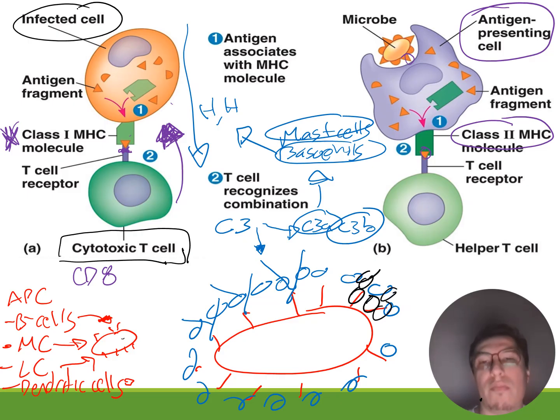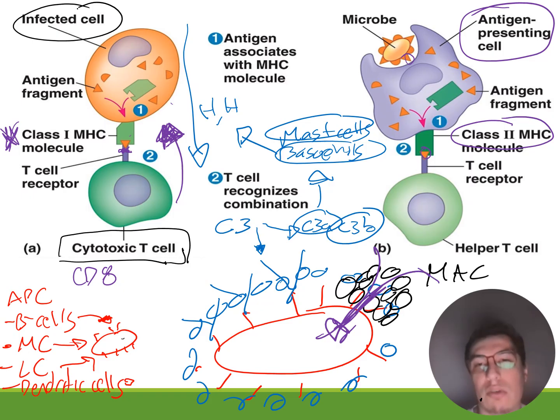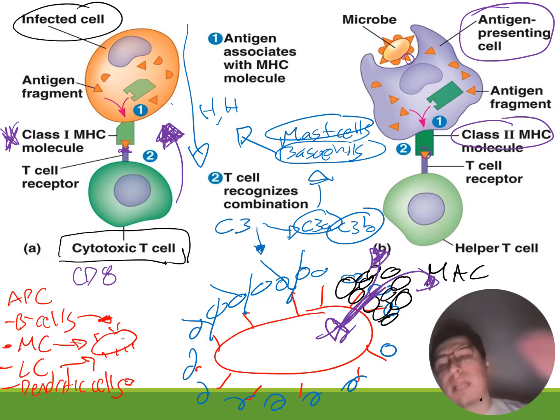It will bind other membrane complexes, and this membrane attack complex will then create a hole that will lead to the release of all of the organelles and electrolytes within that pathogen, so that it will burst and cause cytolysis.